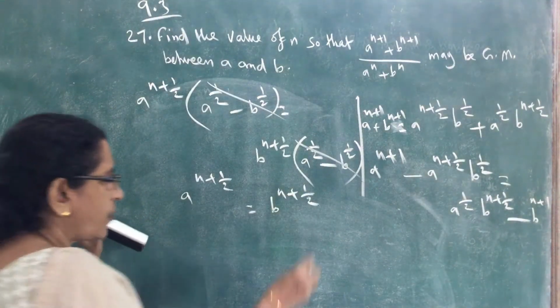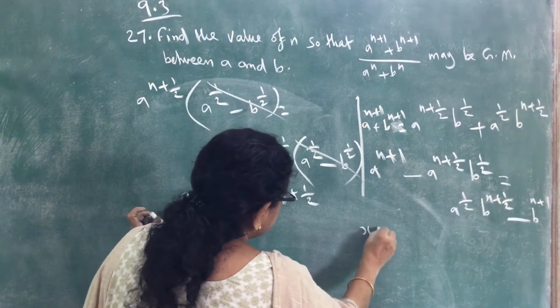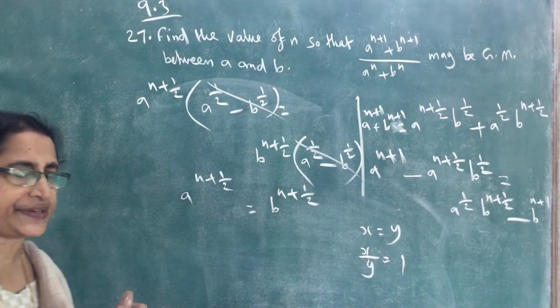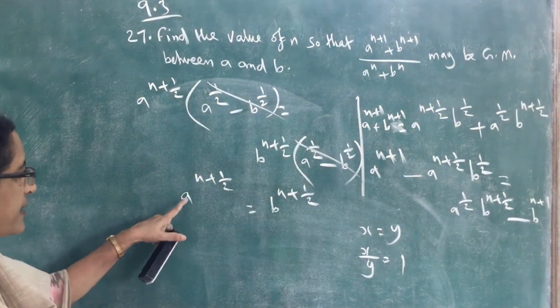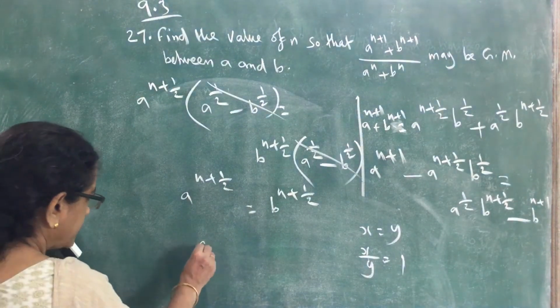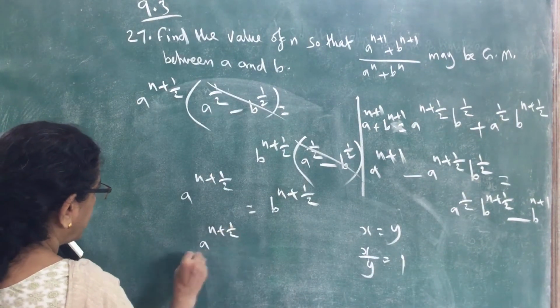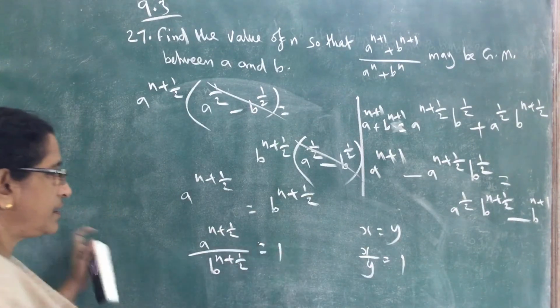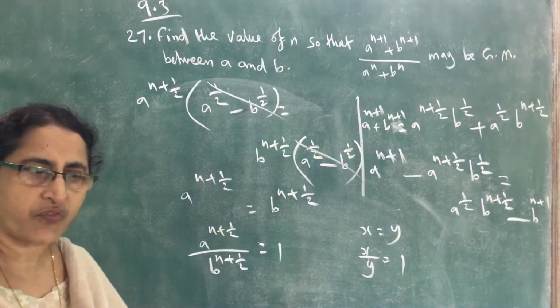Now we have done earlier, that if x equal to y, what can we write? x by y equal to 1. Same way here, A raised to n plus half equal to B raised to n plus half. So we can write A raised to n plus half divided by B raised to n plus half equal to 1. If x equal to y, x by y equal to 1.